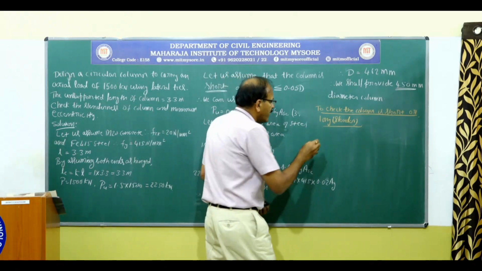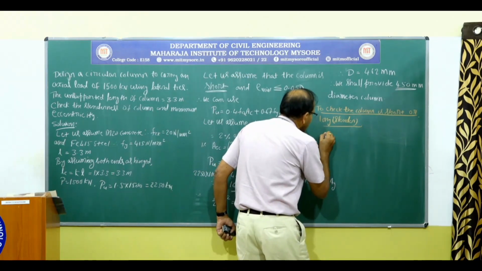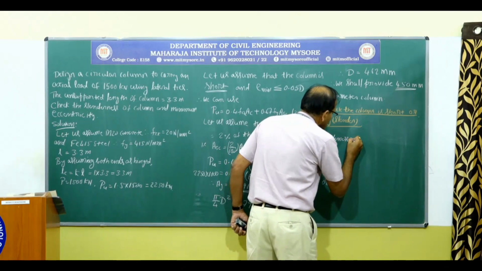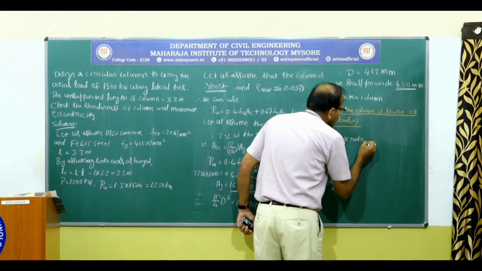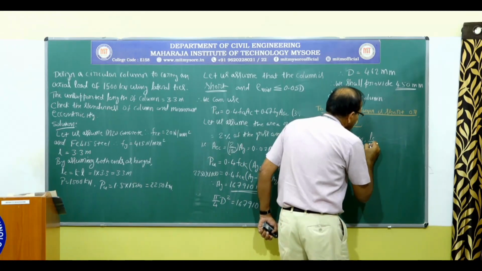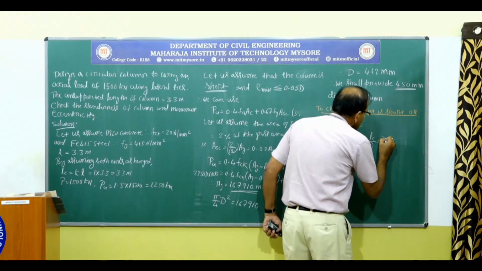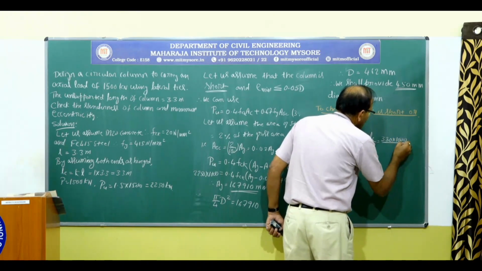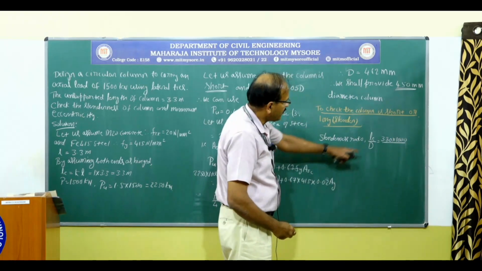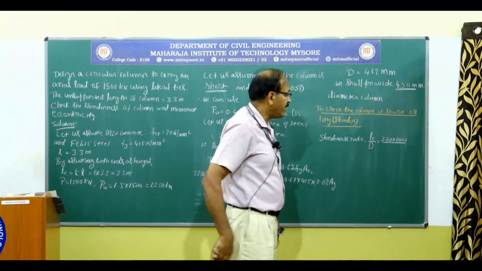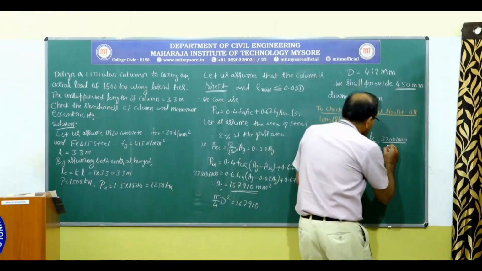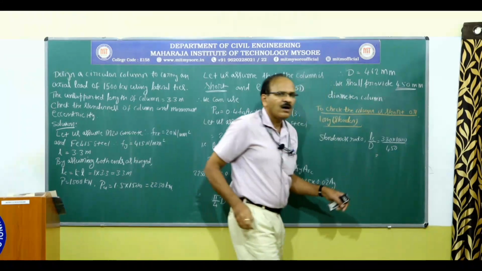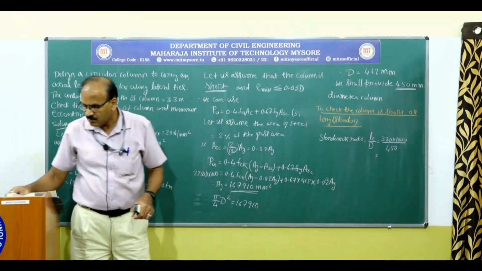So that is the slenderness ratio, Le by D, that is 3.30 multiplied by 1000, I am converting the value into millimeter, divided by 450, that is the diameter of the column.